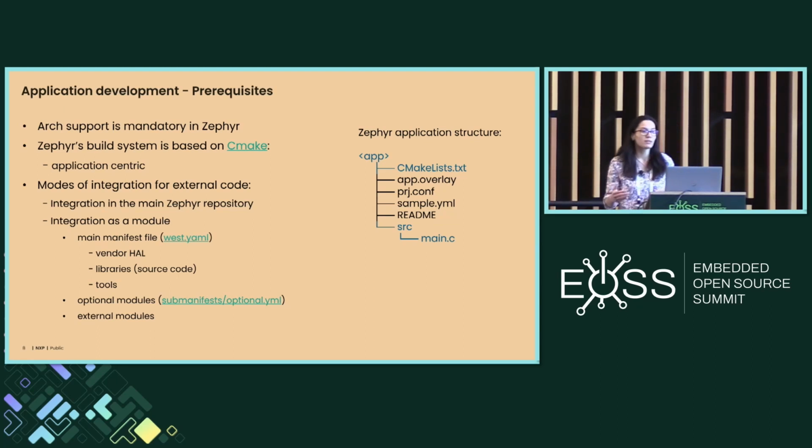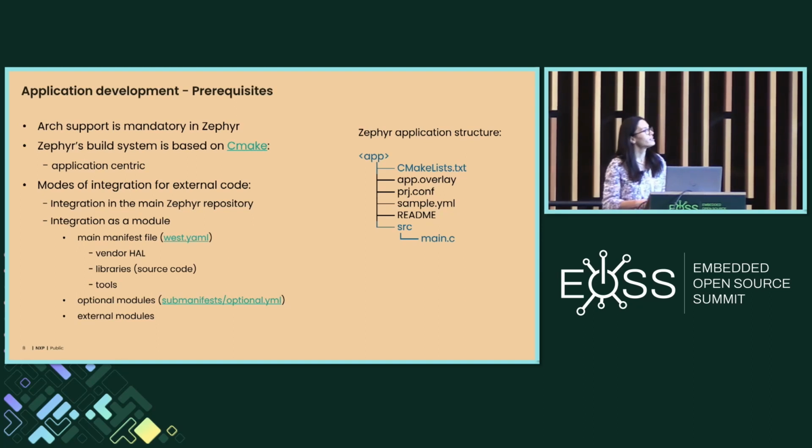The application build actually initiates the building of Zephyr code, and it compiles them into one single binary file. The files in the application directory link Zephyr and any modules with the application itself.